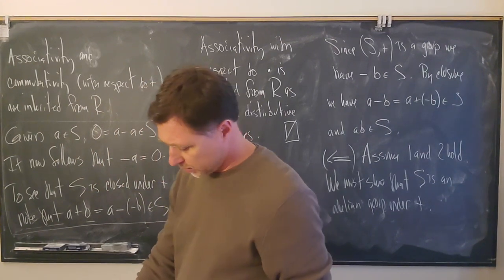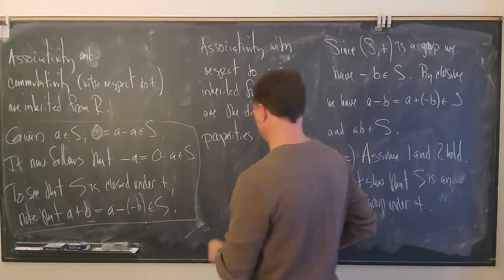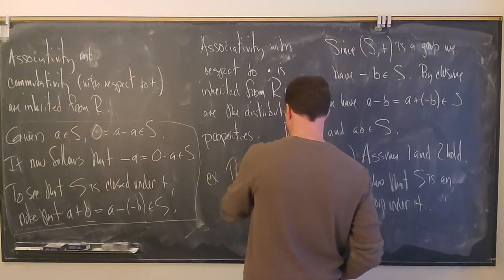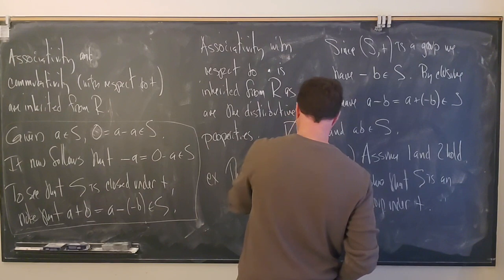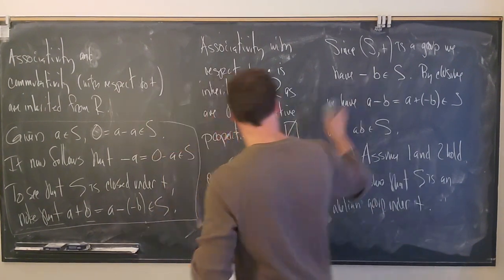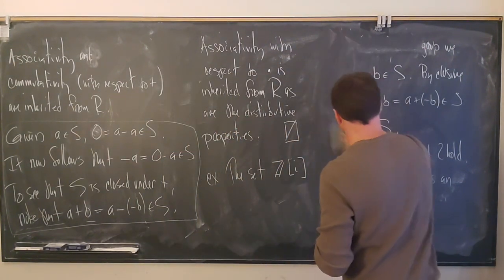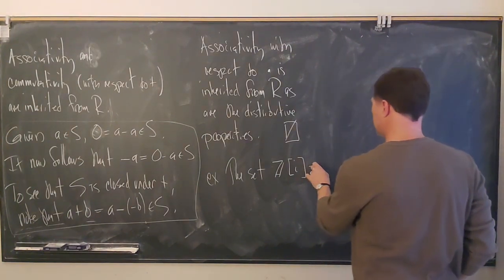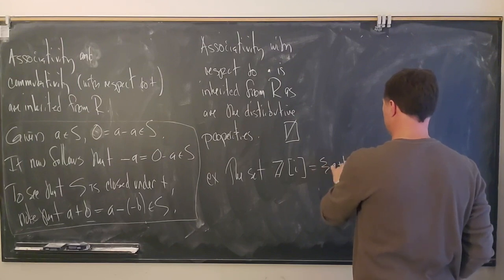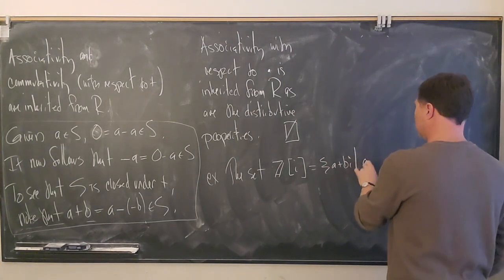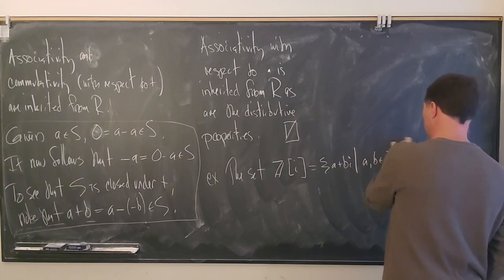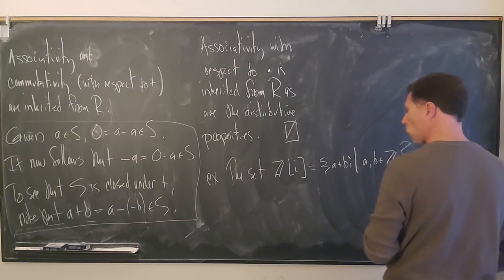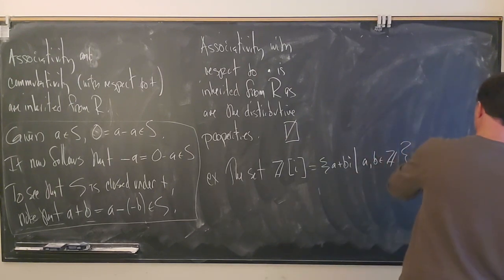Just to give you one quick example here. The set, which we usually write as Z bracket I, consisting of all things of the form A plus BI, where little a and b are integers, is a subset of the complex numbers.